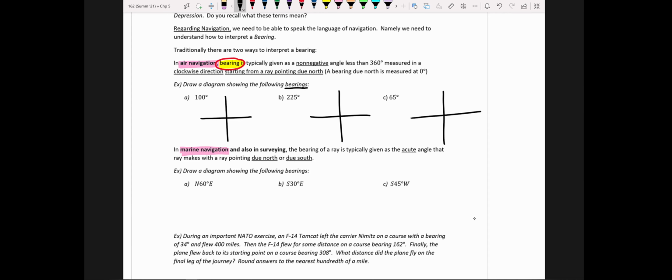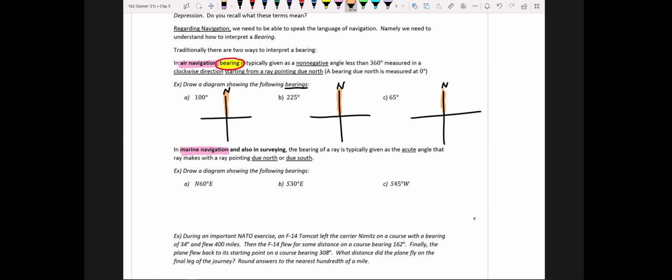However, when we are drawing in bearings, we start at the north line. So starting from a ray pointing due north. When you see the term bearing, we're starting north.